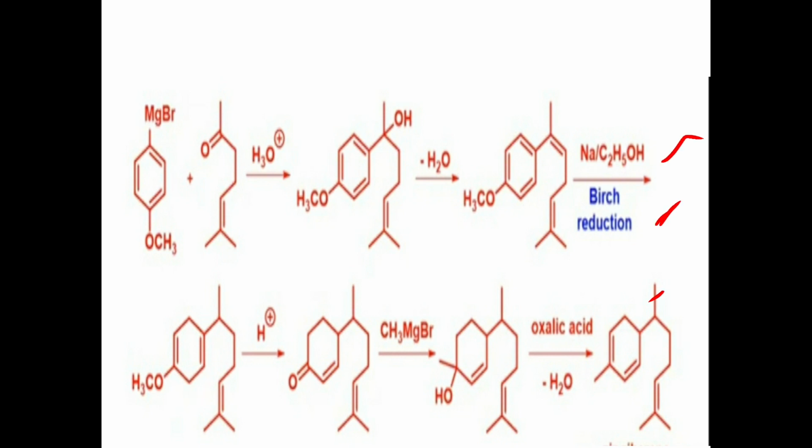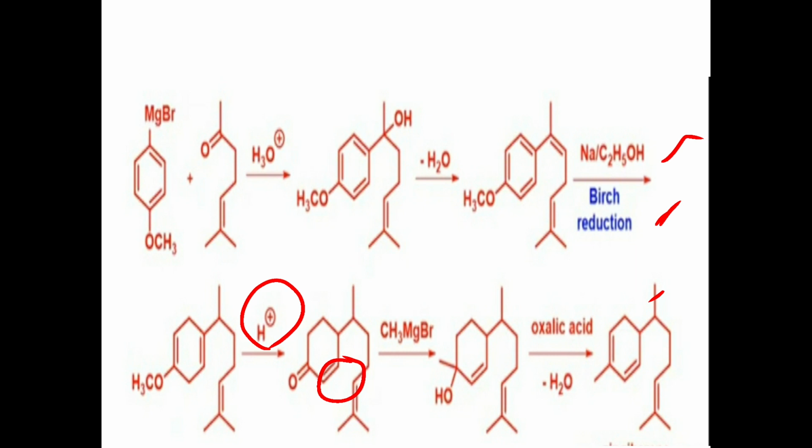On treatment with acid, the double bond is migrated to this position because conjugated dienes are more stable than unconjugated dienes. So the double bond at unconjugated position is migrated to conjugated position.